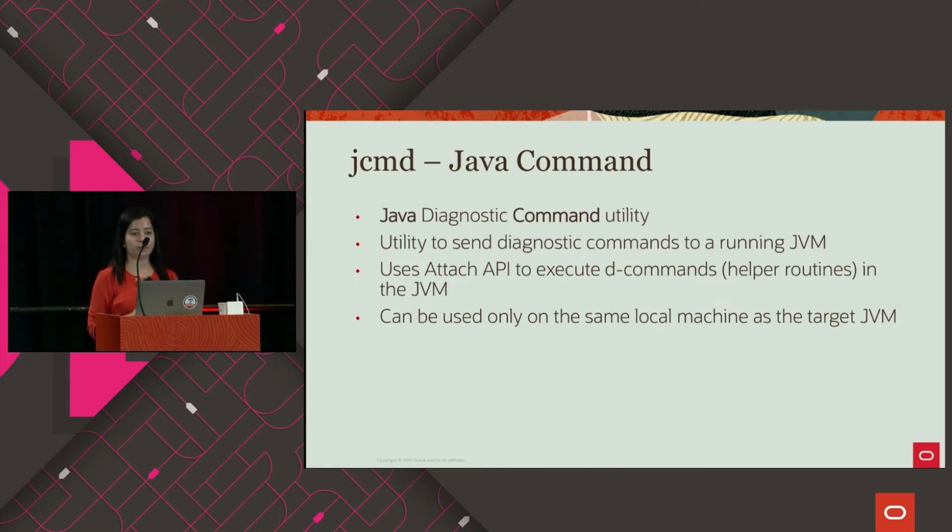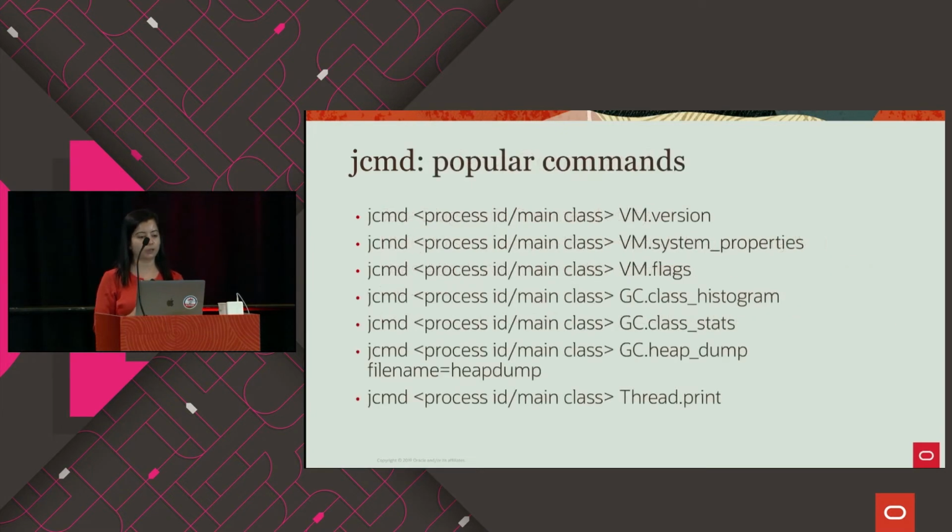Using this API, it can send commands to a running JVM, and the JVM can execute diagnostic routines based on the command it receives, then send the results back to jcmd, and jcmd prints it out on the console. And as I said, it can be used only on the same local machine as the target JVM.